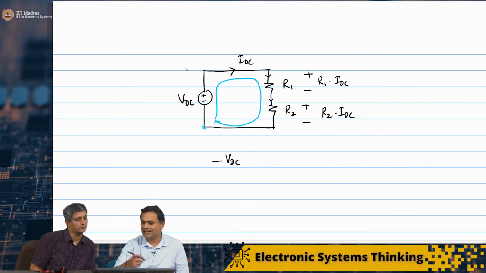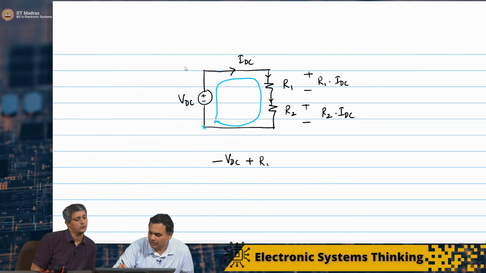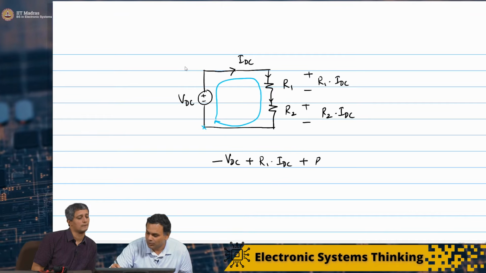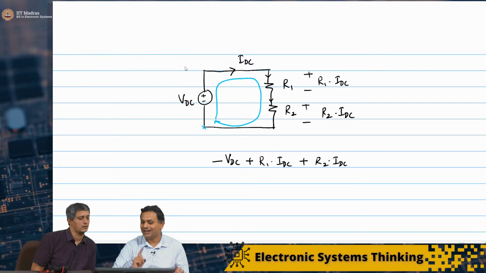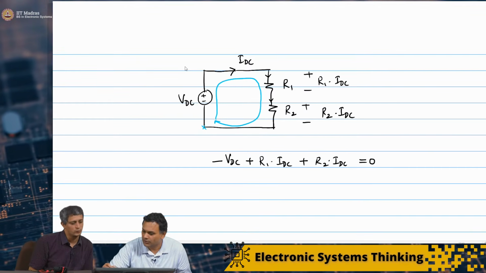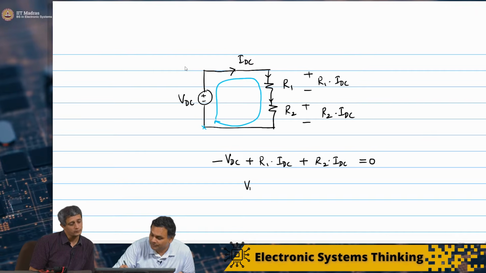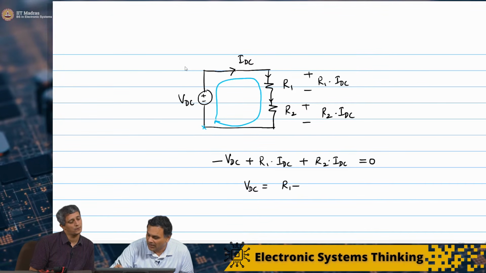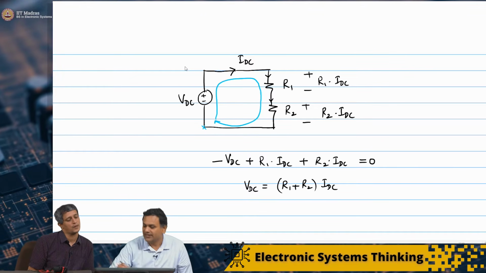And then a potential drop as positive, so plus R1 times IDC plus R2 times IDC. These are the two potential drops. I have come back to the same point, so it is equal to 0. So this tells me that VDC is equal to R1 plus R2 times IDC.